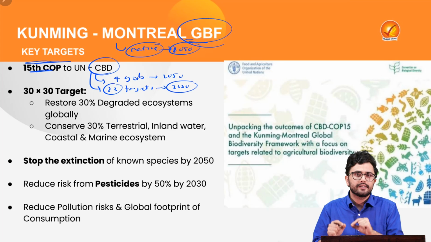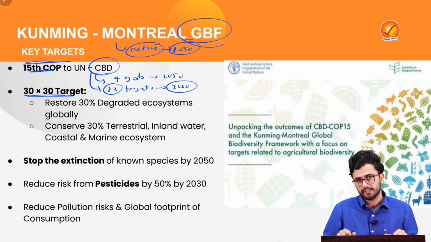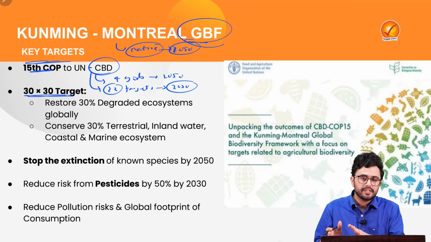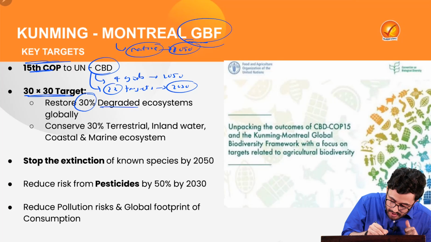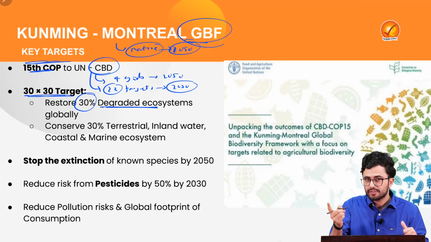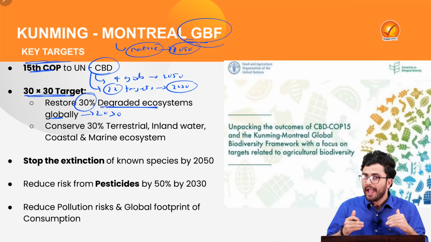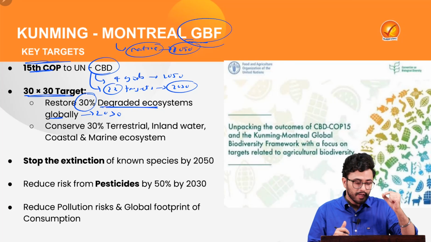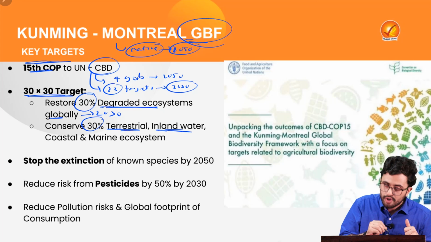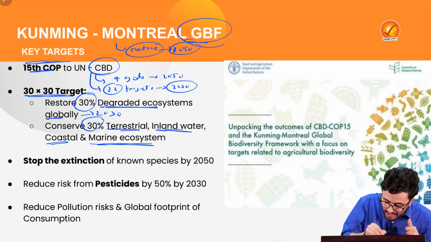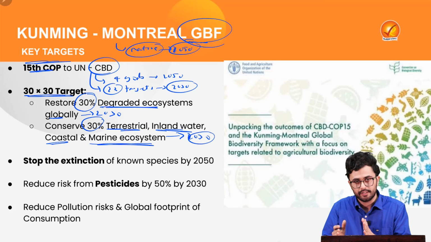Some major targets are such as the 30 by 30 target, where the parties to the convention aim to restore 30% of the degraded ecosystems globally by the year 2030 and to further conserve 30% of terrestrial, inland water, coastal as well as marine ecosystems by the year 2030.